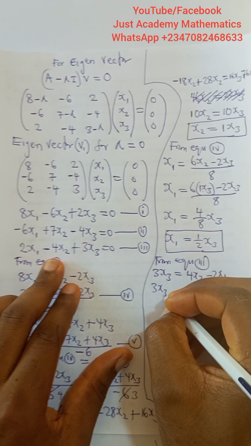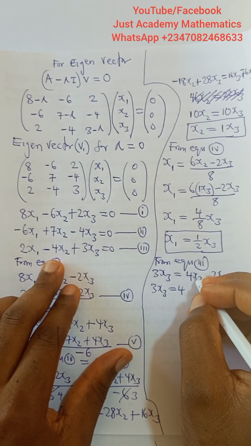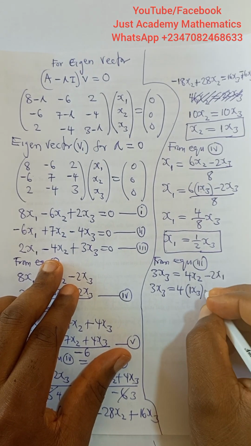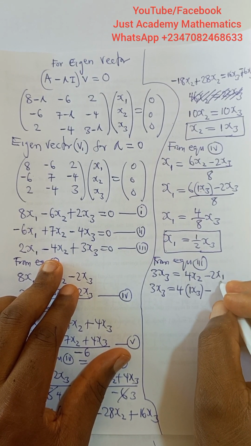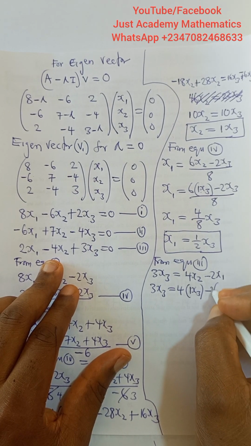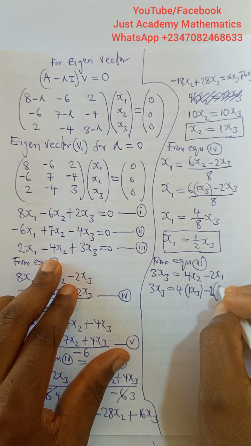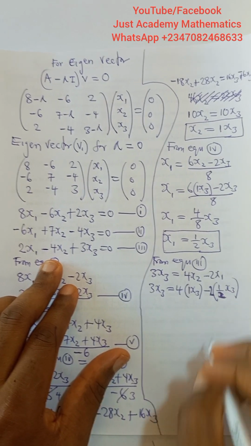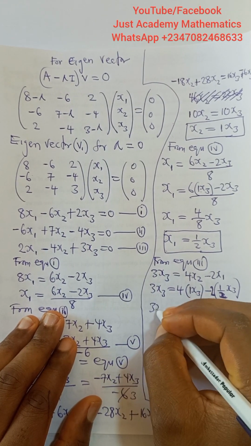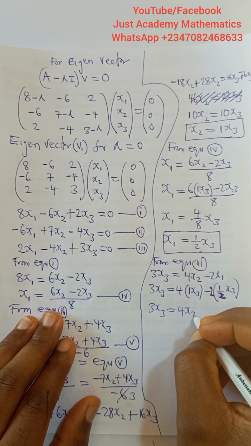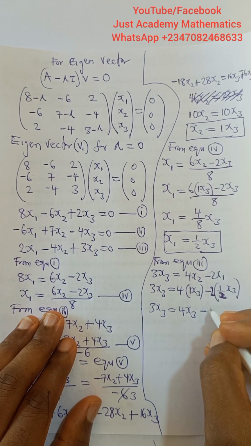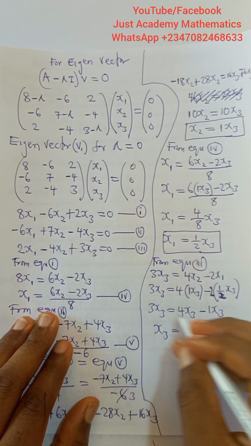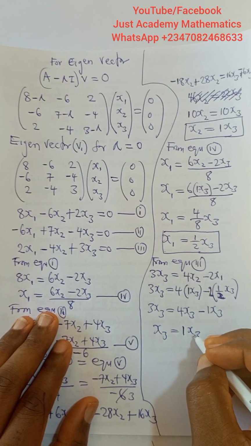Anywhere you see x2, you put 1x3, and anywhere you see x1, you put 1 over 2 x3. So we have 3x3 is equal to 4x3, and 2 cancels 2, you have minus 1x3. In other words, x3 is equal to 3 divided by 3, which gives you 1x3.